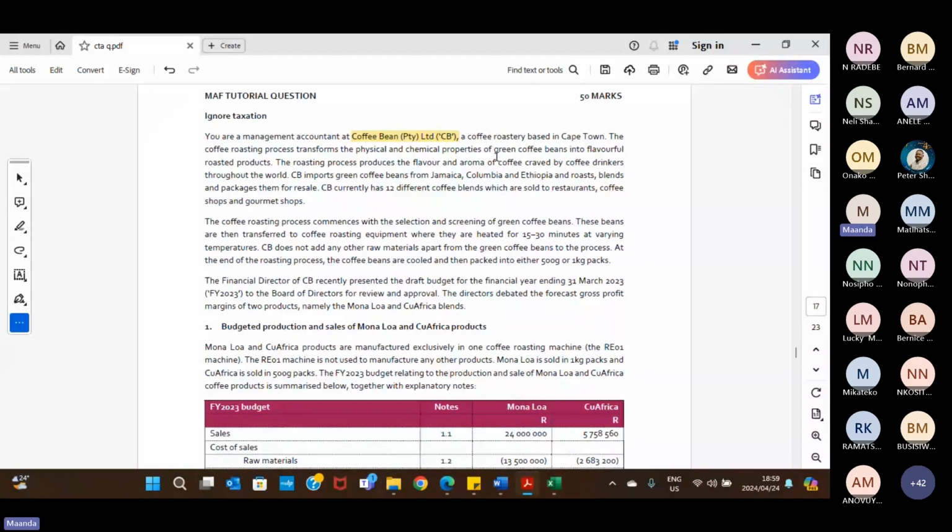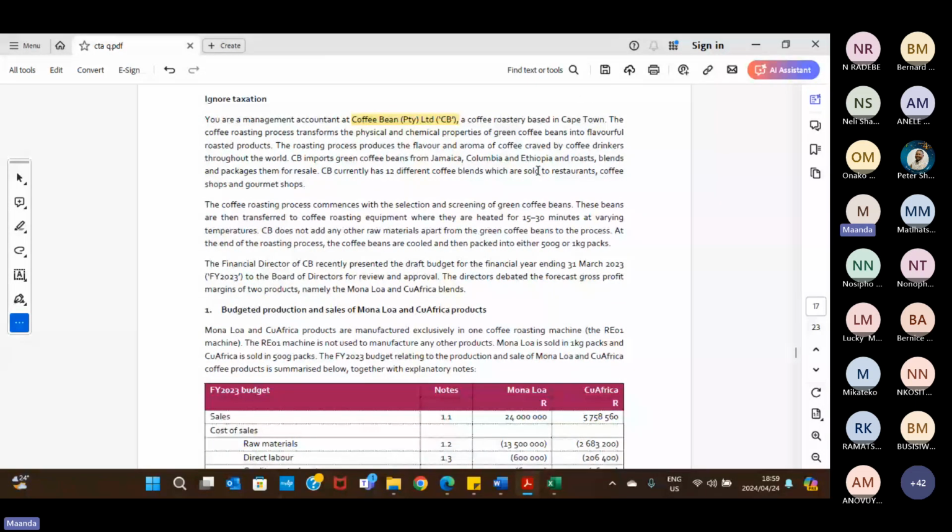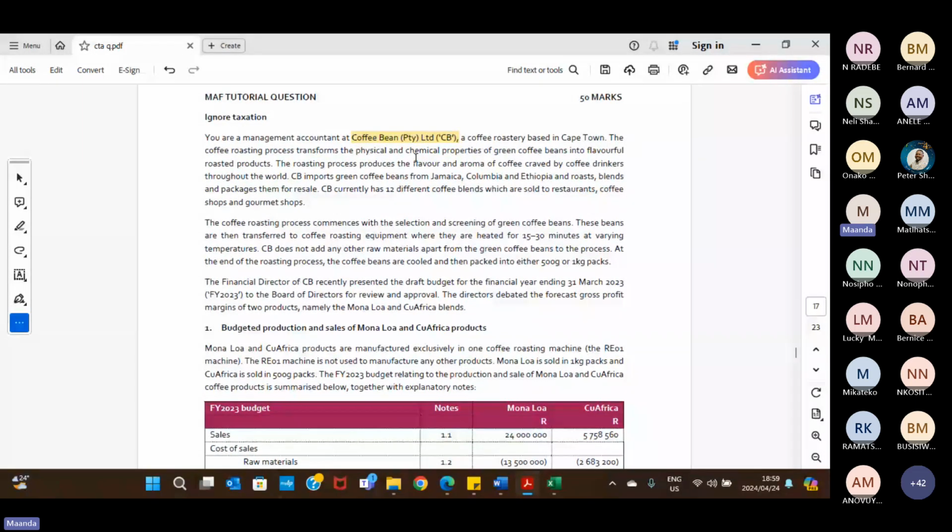This is based in Cape Town, and the coffee roasting process transforms the physical and chemical properties of green coffee beans into flavorful roasted products. The roasting process produces the flavor and aroma of coffee craved by coffee drinkers throughout the world. CB imports green coffee beans from Jamaica, Colombia.